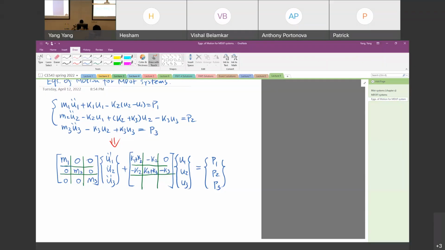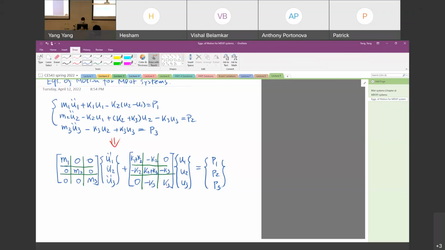This makes sense. So Hunter, would you like to do the third row? Okay, 0, minus K3, plus K3.